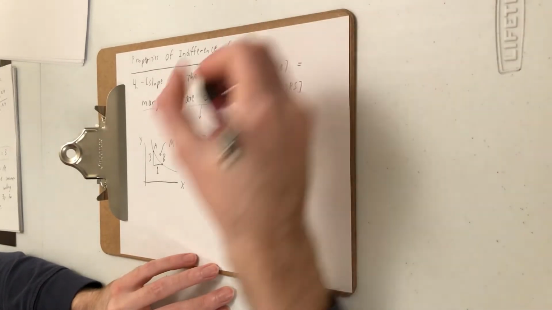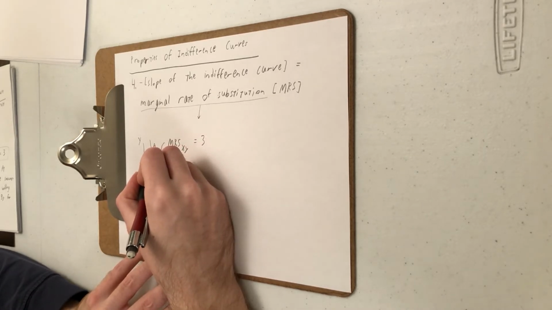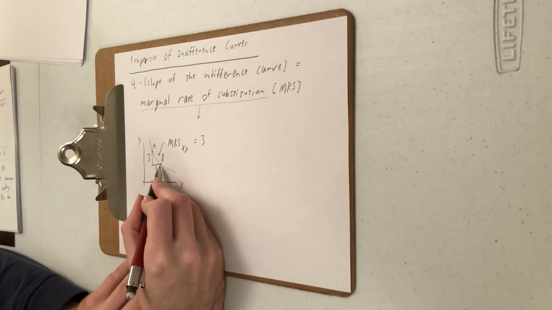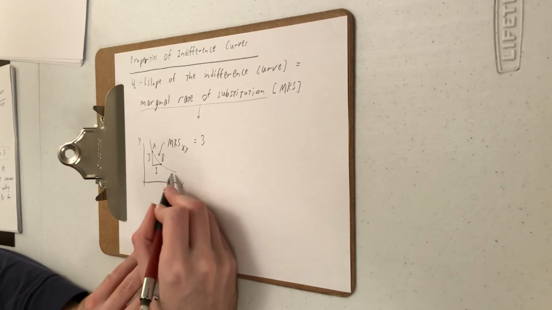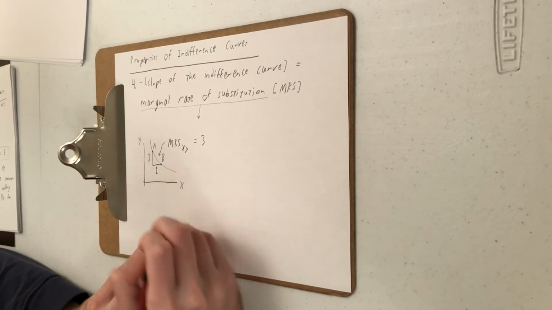So what that means is that if you lost 3 units of Y, so went down by 3 over here, but you gained 1 more X, you're still on the same indifference curve. So that means you're still equally well off if you lose 3Y but get 1X.